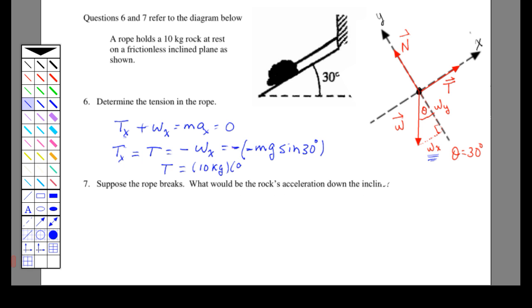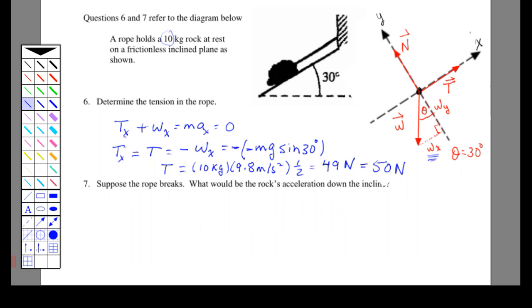The acceleration due to gravity is 9.8 meters per second squared. And sine of 30 is a half. So this is equal to 49 newtons. Technically this is to 1 sig fig, so we round this to 1 sig fig, which is 50 newtons.